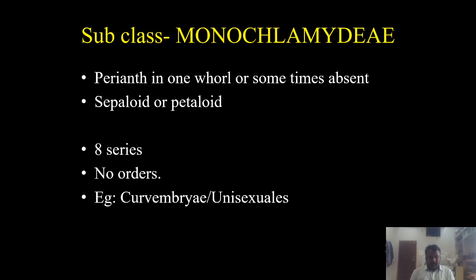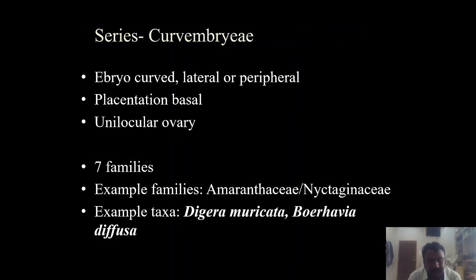One example here, Caryophyllinae or Unisexuales. Series Caryophyllinae, the important character here: embryo is curved. Placentation is basal and ovary unilocular.